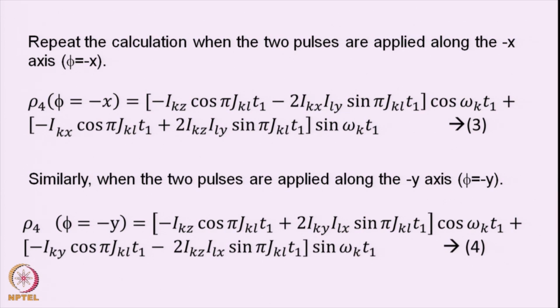Now, since the last pulse is a constant phase pulse, it is not going to make any difference whether we consider the addition or subtraction of the results before or after the evolution after the 90-degree pulse. But what we will do here is see the consequence of the phase cycling.